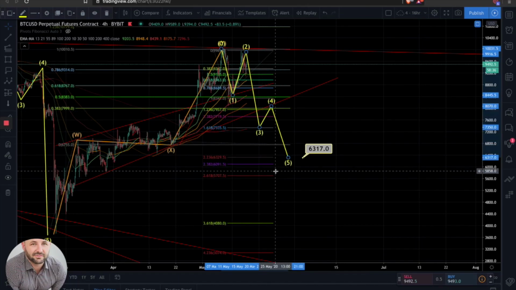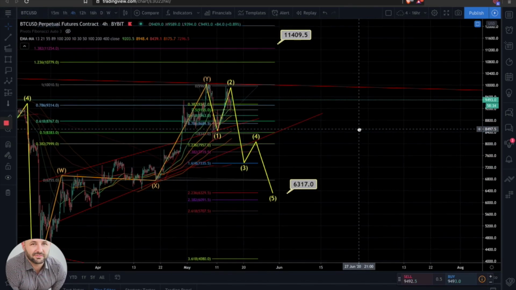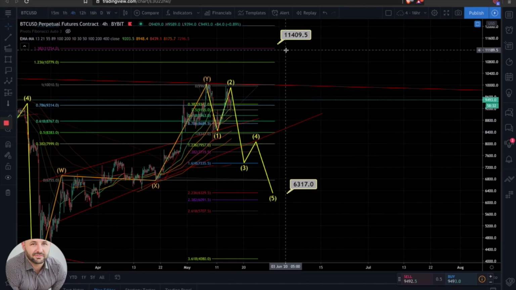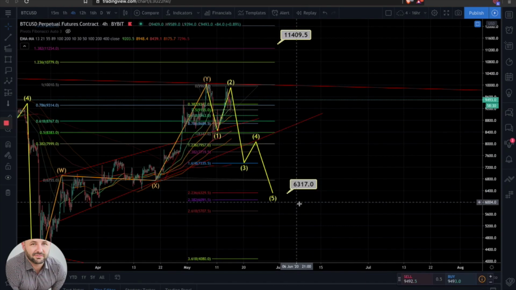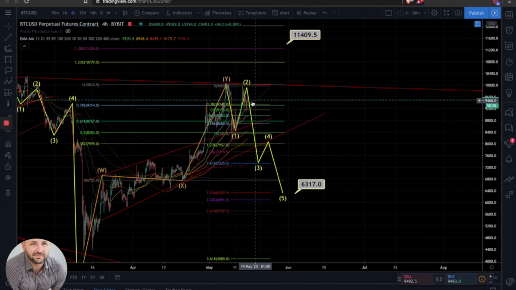Okay, so we kind of have our two extremes. So ultimately, 11,400 or 6,300, and it's going to really come down to what kind of decision we get up here in this zone, and if the structure right here is either an impulsive or a 3-wave structure to come back down.